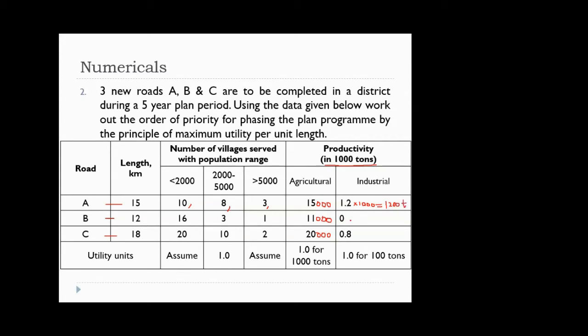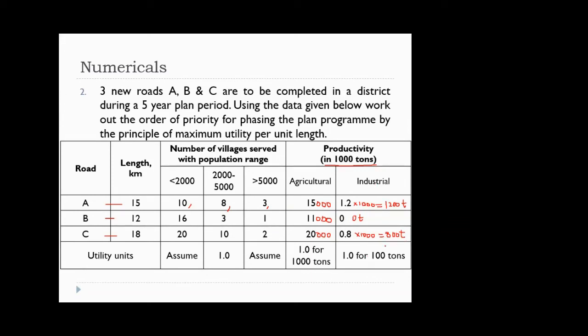Here it's 0, so it's 0 tons. Here it will be 0.8 into 1,000, which is 800.